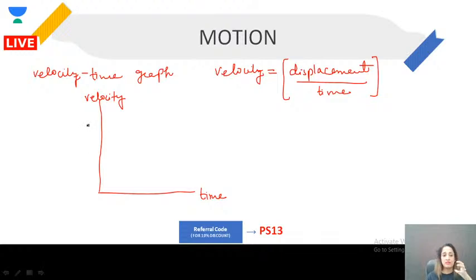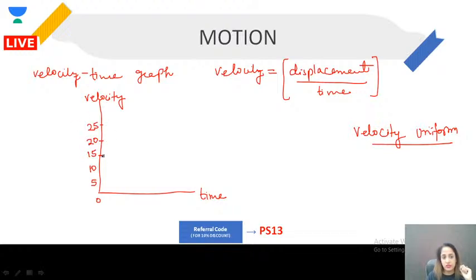So now guys we have to understand two things. One, if the velocity is uniform, what do you mean by that? That in a given amount of time, its velocity remains the same. Velocity is not changing, whether it's 0 time and let's say 5, 10, 15, 20, 25.